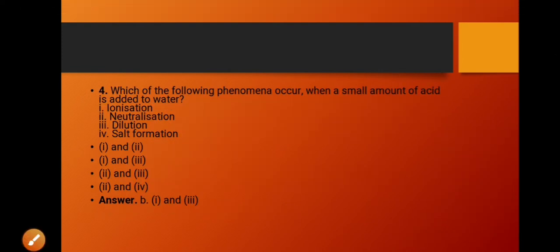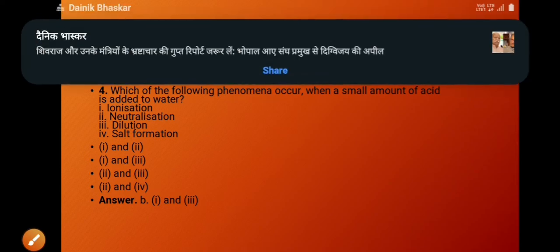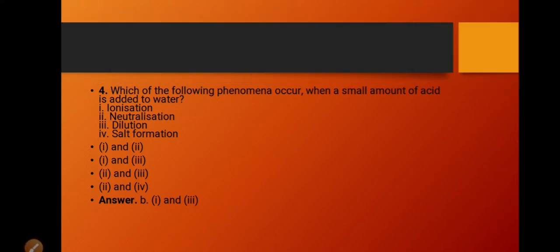Then next: which of the following phenomena occurs when a small amount of acid is added to water? I discussed this in the last video, dilution, concentrated solution and diluted solution.